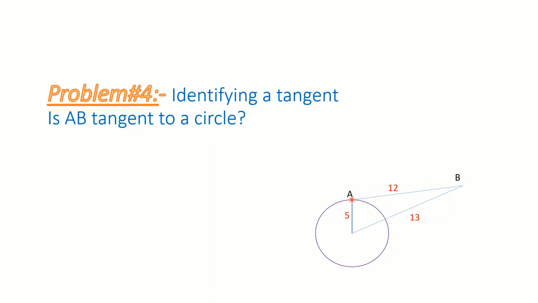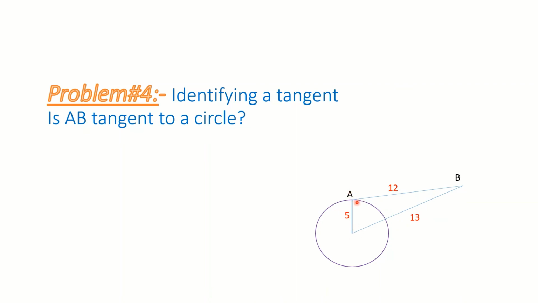This is the radius 5, and this length is 13, this is 12. How can you verify that this line is tangent to the circle or not? If AB is tangent to the circle at this point, it should be perpendicular to the radius of the circle, which means angle A must be 90.